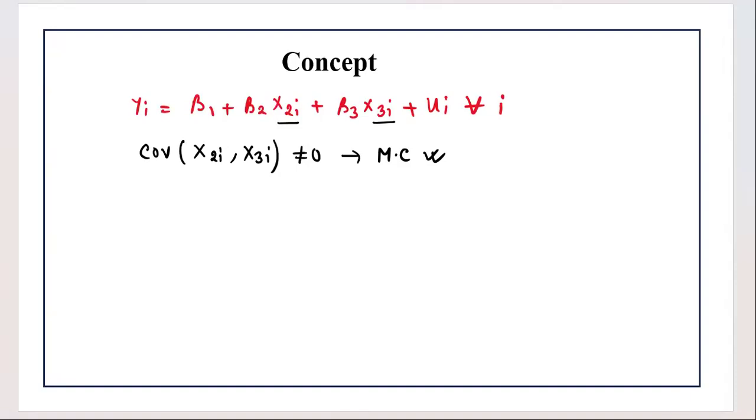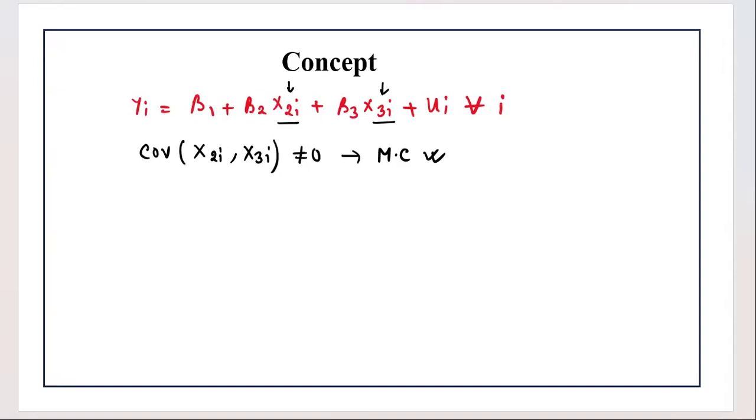So multicollinearity is simply the correlation or dependency of the independent or explanatory variables present in your model. It's a 3-variable model that I have taken into account, but it could be 4-variable, 5-variable, any number of variables that you can think of, right? This concept is associated with MLRM, the multiple linear regression model, that we haven't yet done.